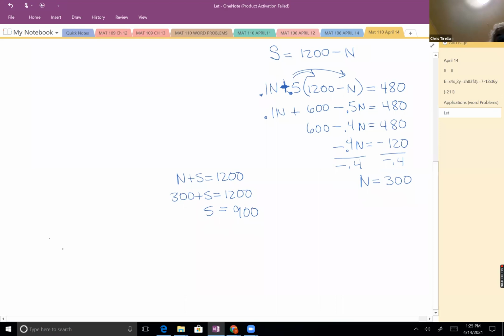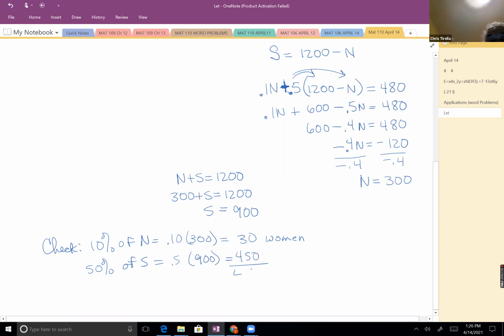And then for my check, 10% of the north, 10% of 300 would be 30 women. And 50% of the south would be 0.5 times 900 would be 450. And that gives me my 480 women in a check.